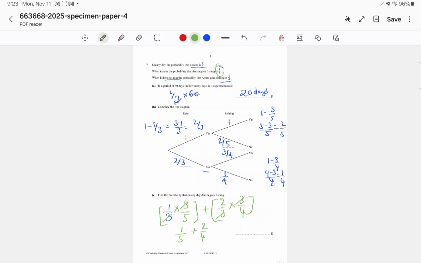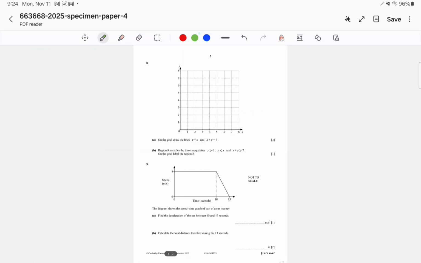On getting a common LCM, it is 2 plus 5 divided by 10, which is equal to 7 by 10. That is the answer. Okay, next question.